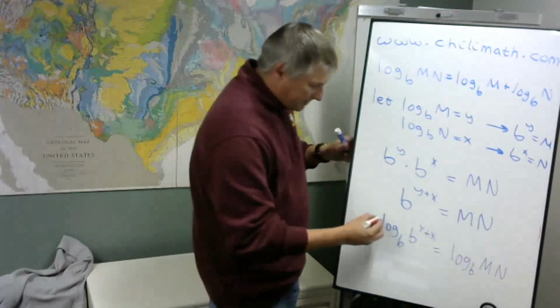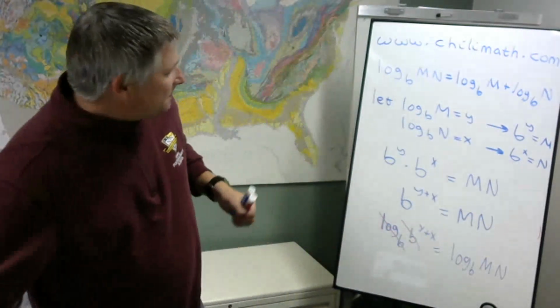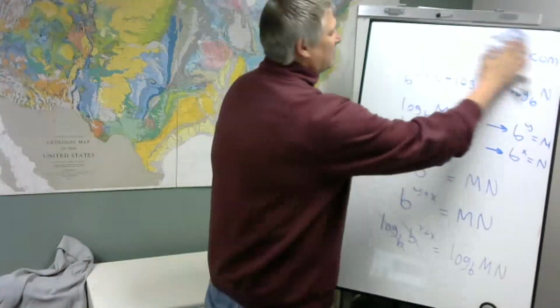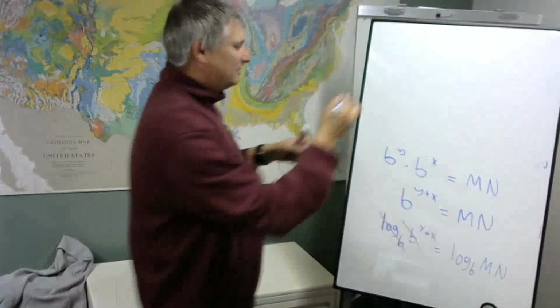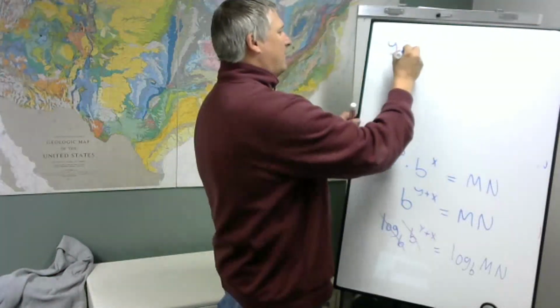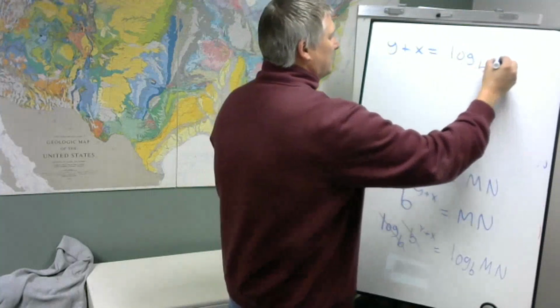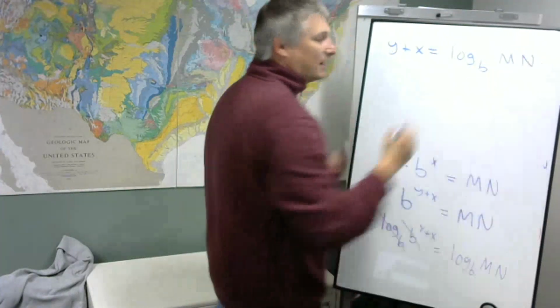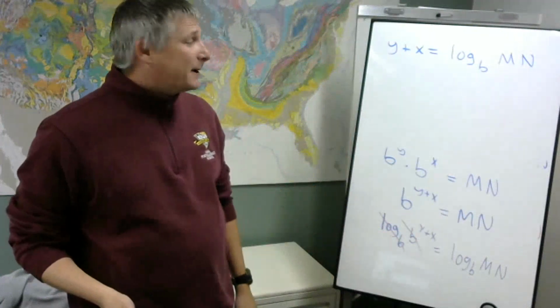And again, log base b and exponential base b cancel, so what we get is y plus x equals log base b of m times n. Again, this inverse property makes those go away.